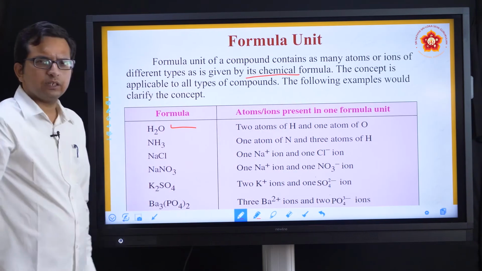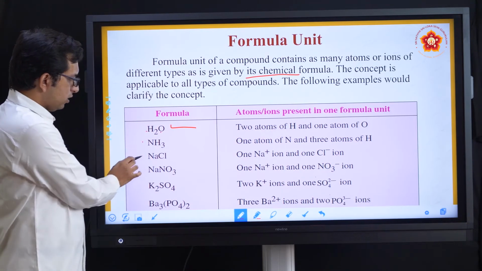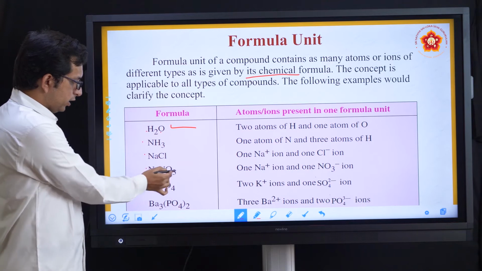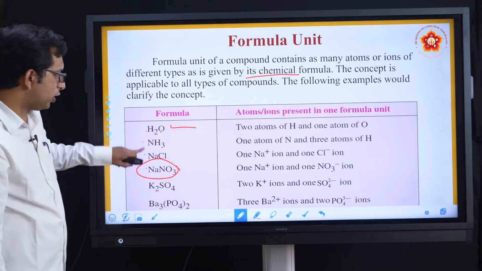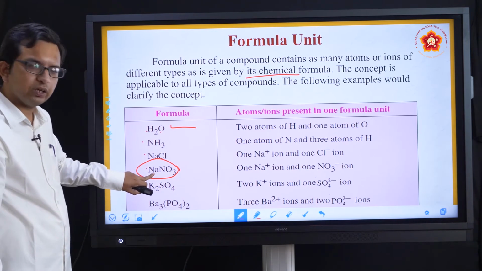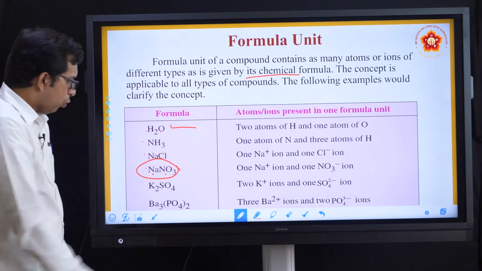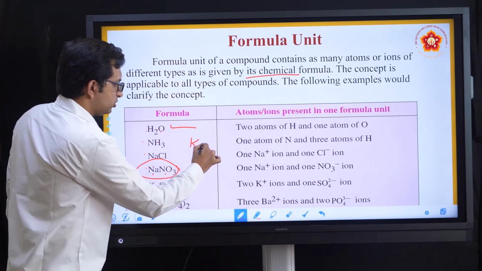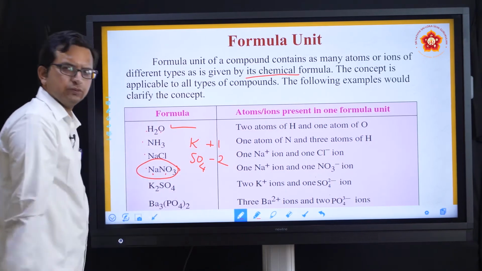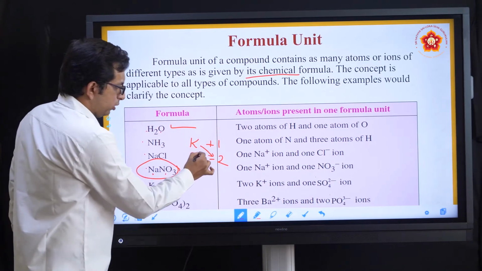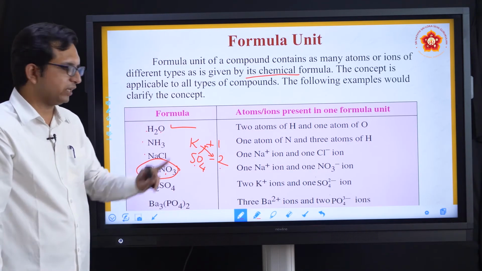Water, H2O, is nothing but a combination of 2 hydrogen and 1 oxygen, then ammonia, sodium chloride. And if you see this example now, sodium nitrate, since these are all ionic forms, it contains 1 sodium ion and then this NO3 minus ion. What about K2SO4? K2SO4 is actually obtained when you do this cross multiplication, because the charge on potassium is +1 and the charge on SO4 is -2.